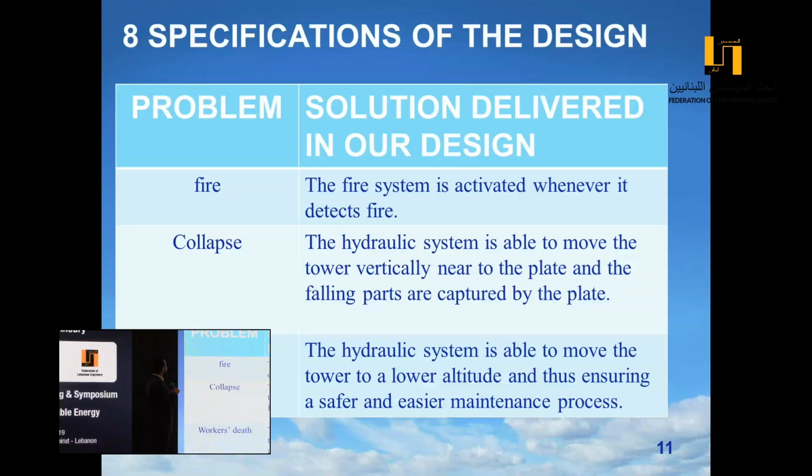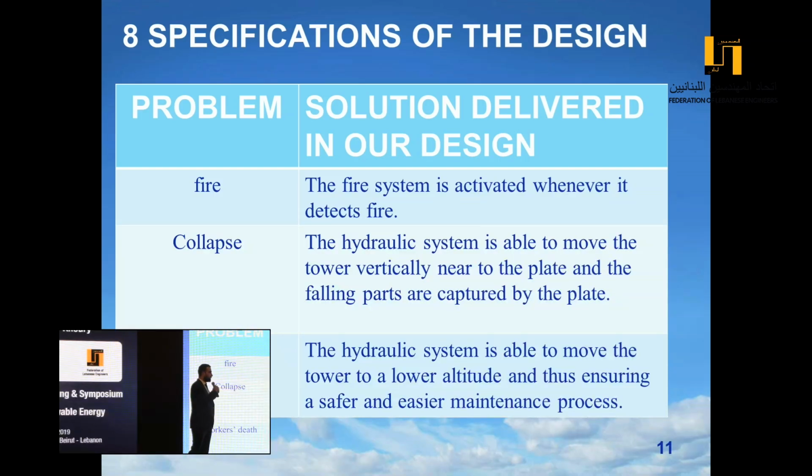Okay, now I'll sum up what I've been talking about. We have three problems, which are fire, parts of the blade collapsing during fire, and finally workers' death. For the fire, we're able to solve this problem by means of the detection system, in addition to the fire system, which are placed in the nacelle of the wind turbine.